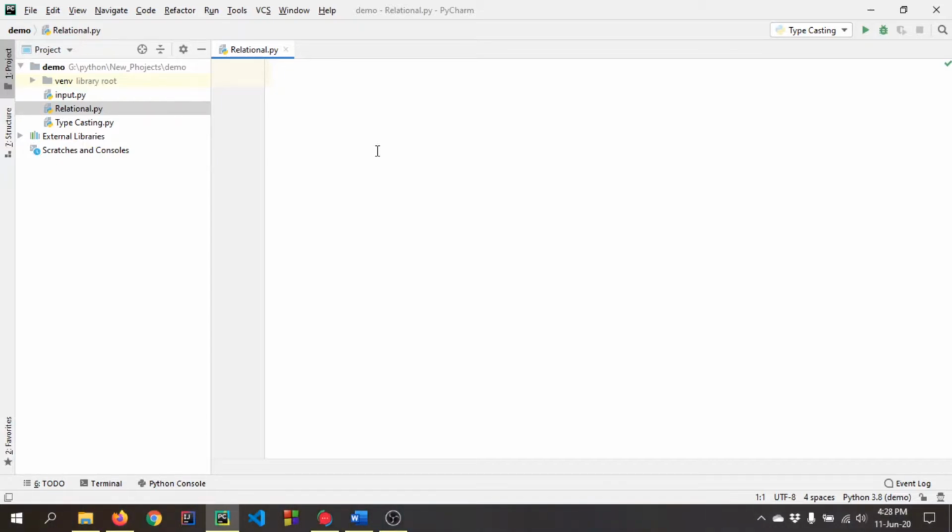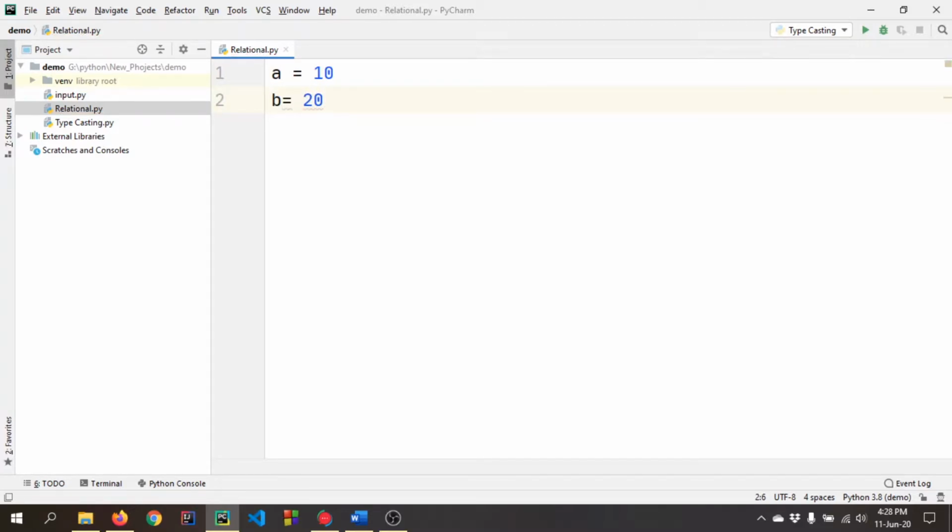So what are the relational operators? Relational operator has another name. It's called comparison operator because relational operators will give us a comparison of two data. Say suppose we have a is equal to 10 and b is equal to 20.